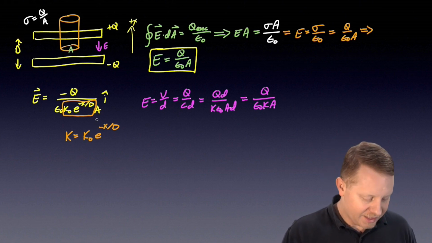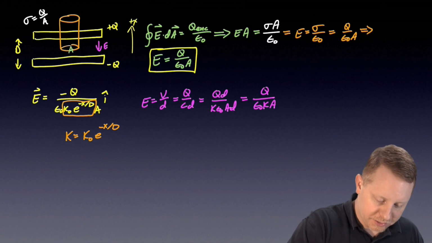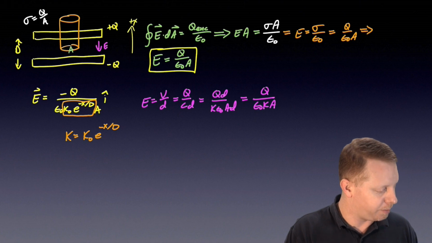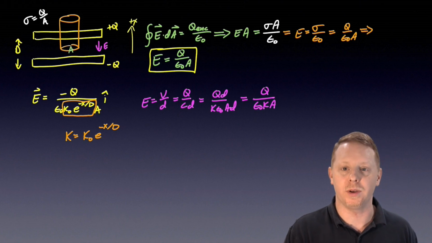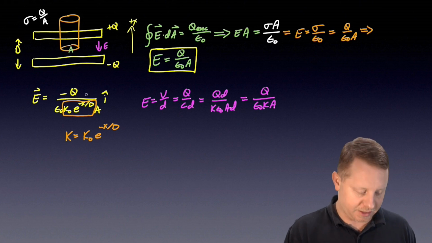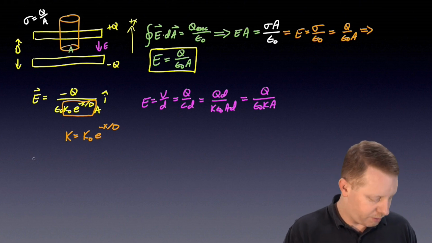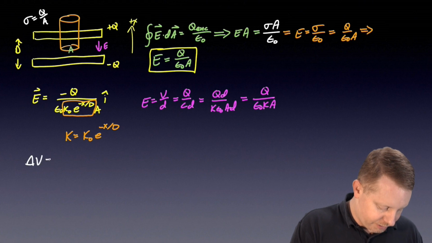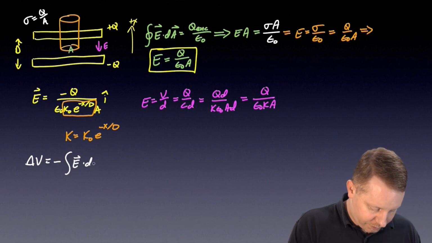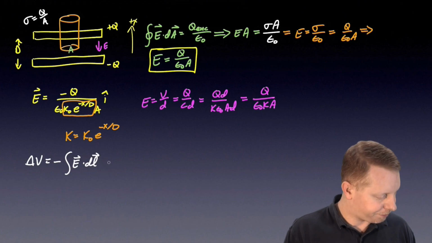Now the next part of the question asks us to write, but not solve, an equation that could be used to determine the potential difference between the plates of the capacitor. Since they give us the electric field, I would note that the potential difference, delta V, is the opposite of the integral of E dot dl.